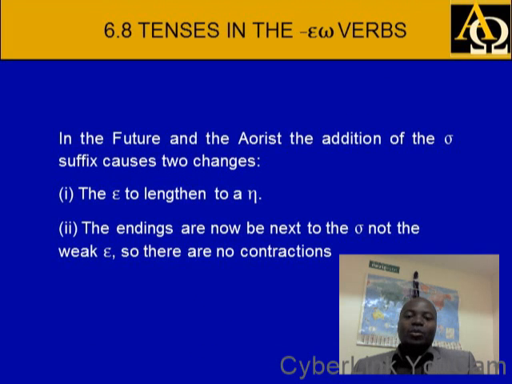Tenses in the epsilon omega verbs. In the future and aorist, the addition of the sigma suffix causes two changes.